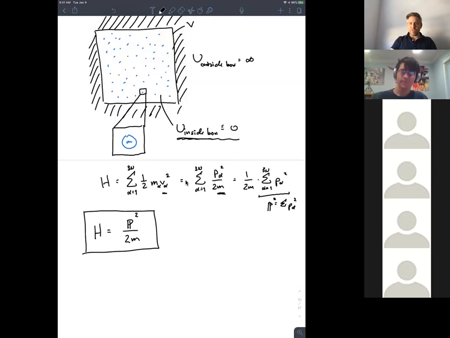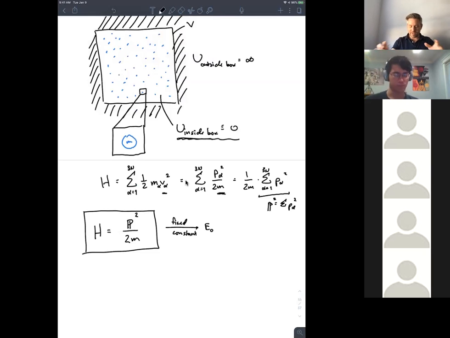All right, so now we're interested in all of the values of big fancy P that will give me some fixed constant value of energy, E naught.